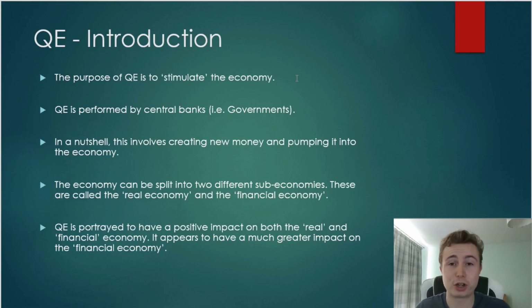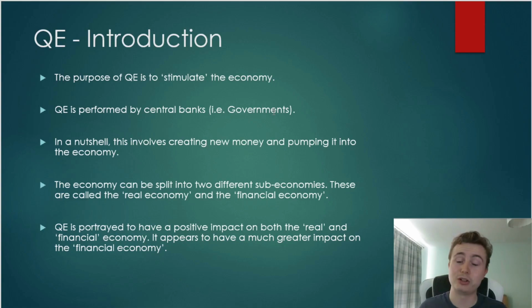And more recently, after COVID-19, quantitative easing was a method that the central banks and the government used in order to help elevate the economy out of the predicament that it was in. I don't know if you remember, very quickly after COVID-19 hit us in April, the stock prices completely crashed. And so QE was a very serious and very important part of the recovery of the market prices during that time.